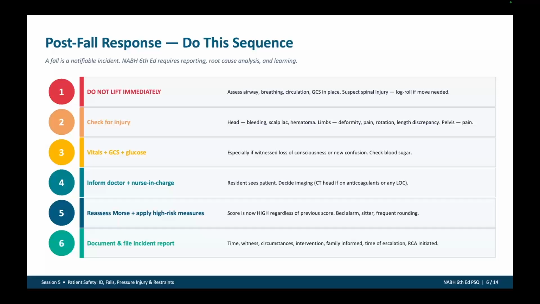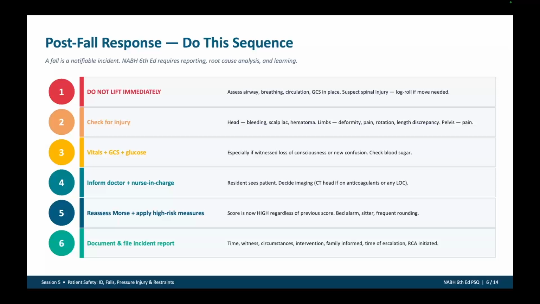A fall is a notifiable incident. NABH 6th edition requires reporting, root cause analysis, and learning from it. Do not lift the patient immediately. Assess the airway, breathing, circulation, and GCS in place. If you suspect any spinal injury, log roll when the patient is being moved.